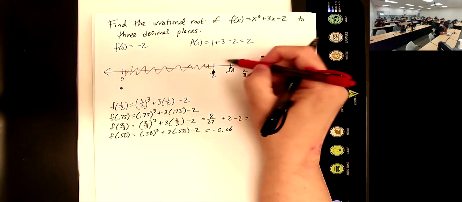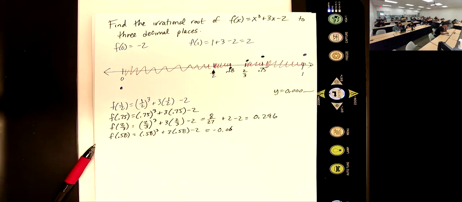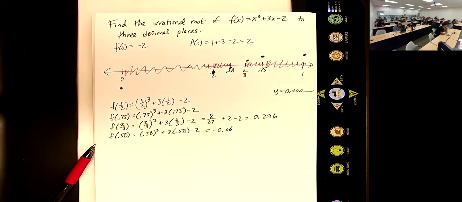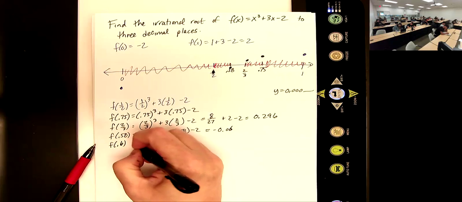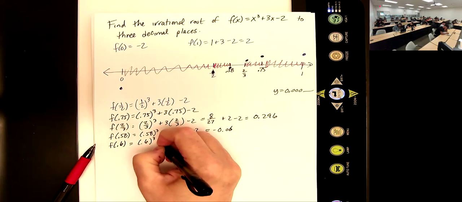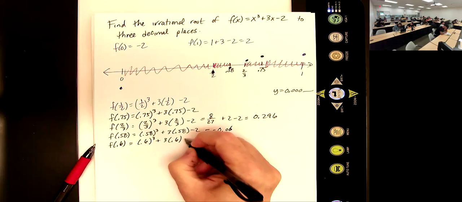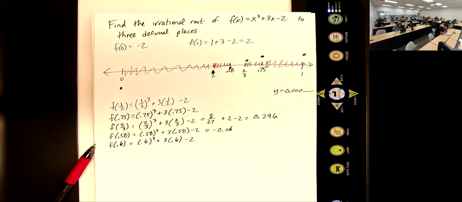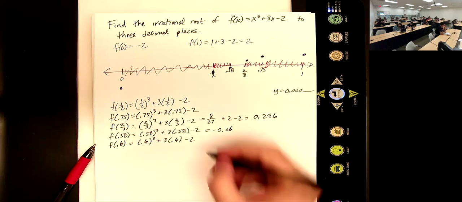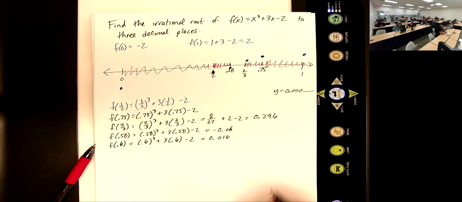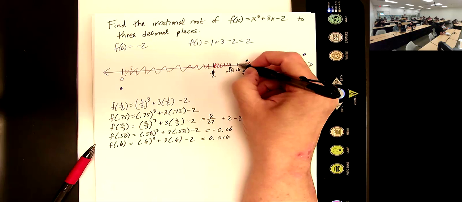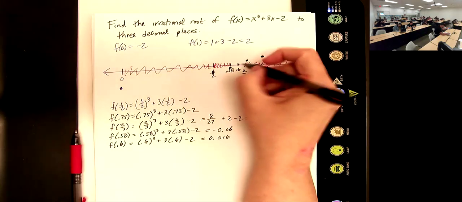So we've eliminated that one, we're getting closer. I like 0.6, fewer decimals to plug into the calculator, let's try that. Get close. 0.6 is positive, we've eliminated that region.